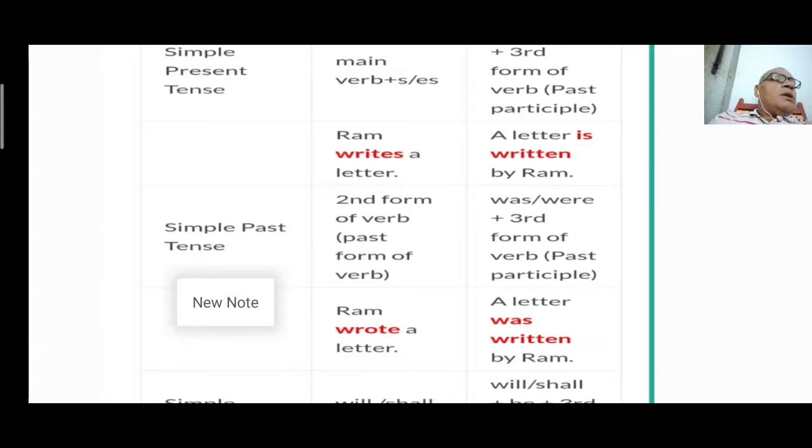People were, people have, students have, colleges have. Like these are the plural subjects: colleges, people, students, boys, girls, teachers, women, men. These are all plural subjects.